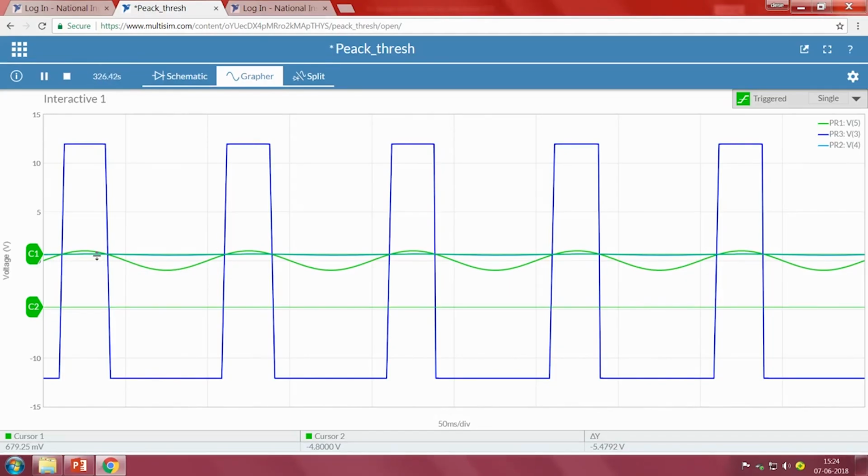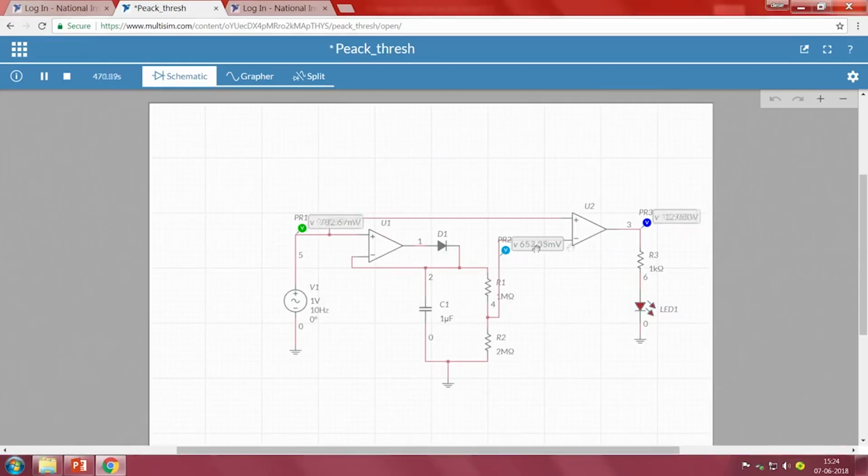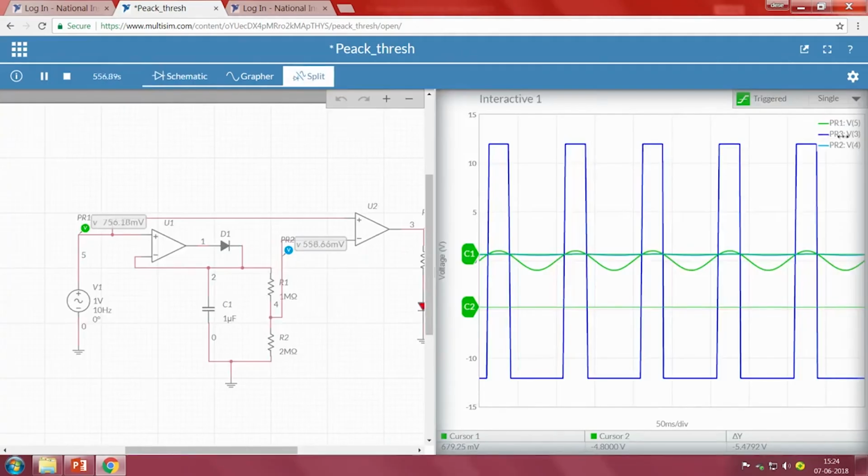Now what is the other color behind the C1? That is our blue color, that is for the threshold. If you remember the schematic, we have used one at this point, the other one at this point, light blue, sky blue and dark blue. So here this is the output and the sky blue color is somewhere here. So that is our threshold, right.